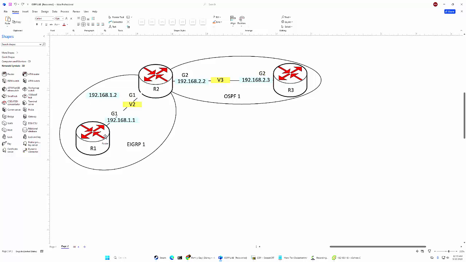So, does that mean if I want to share routes from one routing protocol to another, which we call redistribution, that router 2, for example, must be where we do our redistribution? Do I have to have OSPF and EIGRP on that particular router itself? All right, so there's your question.